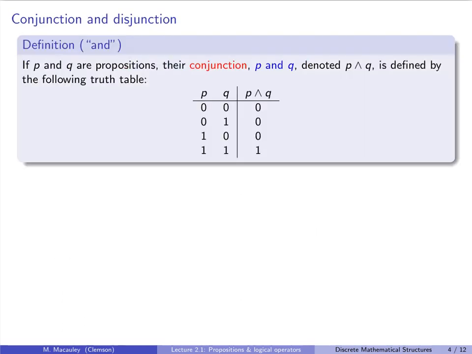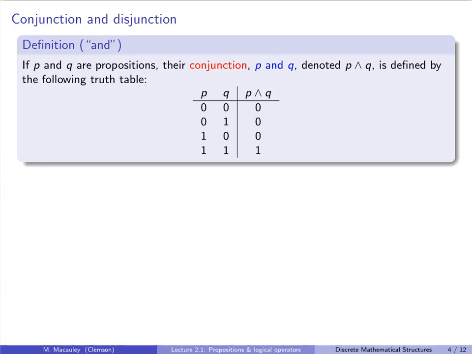To begin, if P and Q are propositions, then their conjunction, sometimes written P and Q, sometimes with the and capitalized, can be denoted with this little wedge symbol. It is defined by the following truth table. Hopefully the truth table is self-explanatory.